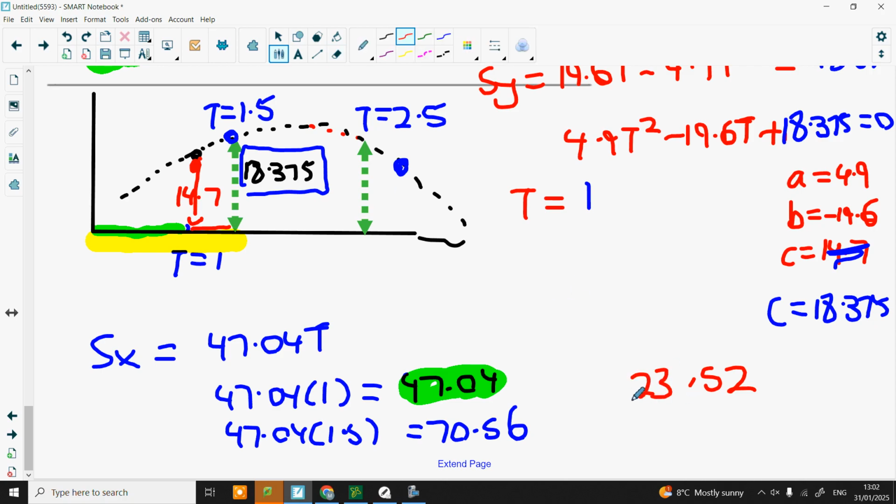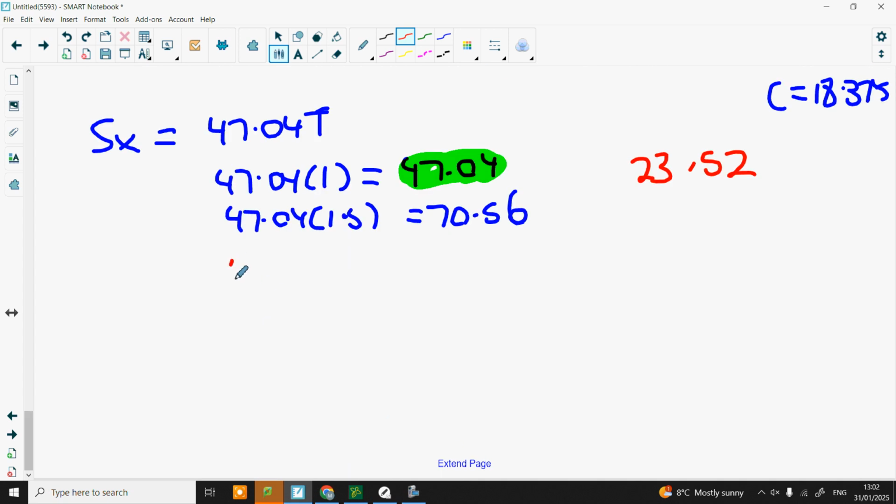Okay. And that's what the question wanted from us, wasn't it? 23.52 meters. Now, next thing we're going to do is going to sub in 2.5. 47.04 multiplied with 2.5. What do we get when we do that? Exactly.